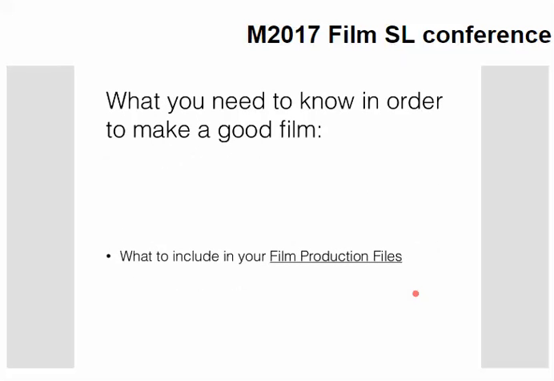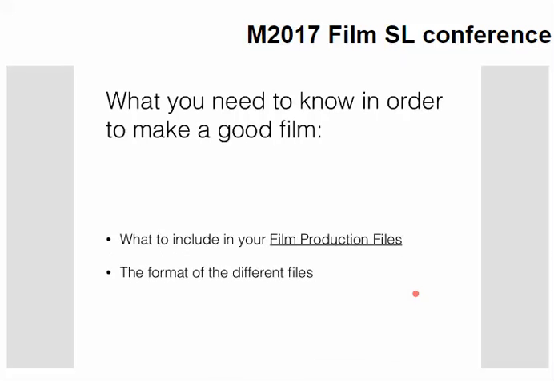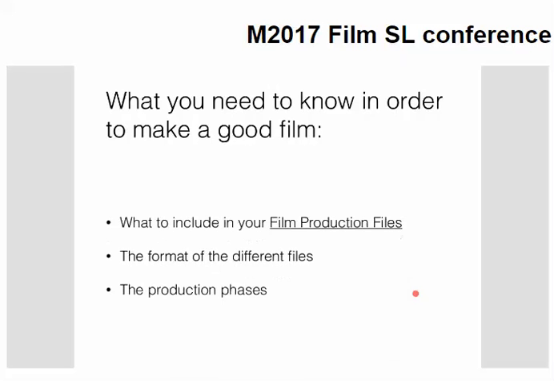So what you need to know in order to make a good film are what to include in your film production files. That's a first. The format of the different files, because they are formatted in such a way that they have an official standard in the industry that we emulate in this room, and what the different production phases are.